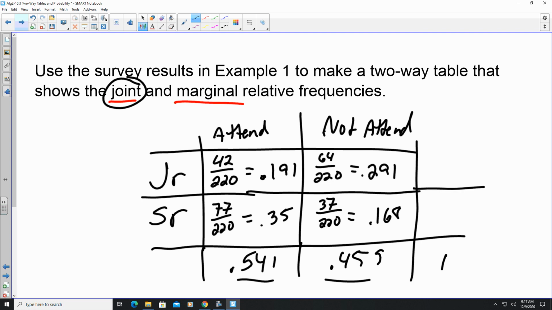Here it's 0.191 plus 0.291 to get 0.482. And then finally 0.35 plus 0.168 is 0.518. Add those together, you should get 1 as well. All right. So now what we have is the marginal relative frequency.